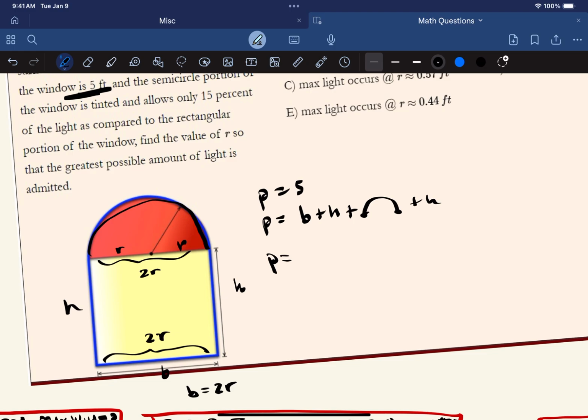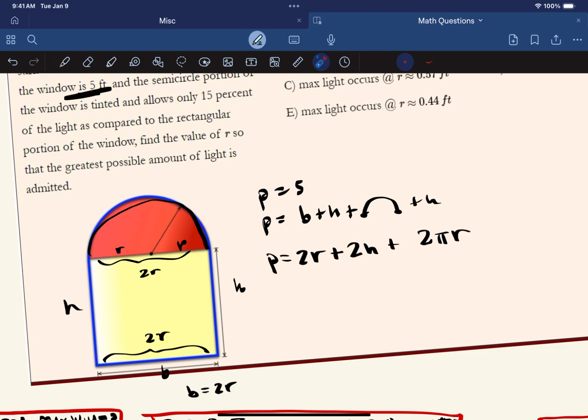Beautiful. So now, the b, the base, is equal to 2r. We know that. The h, I don't know what it is, but I can put together those two h's. So that's 2h. Now the circumference of the circle is 2 pi r. That would be the case if it was an entire circle.